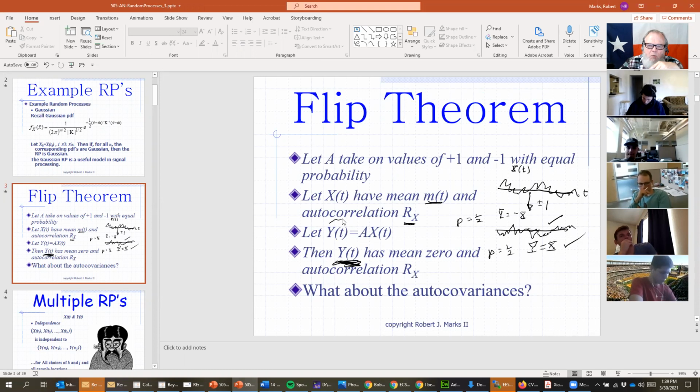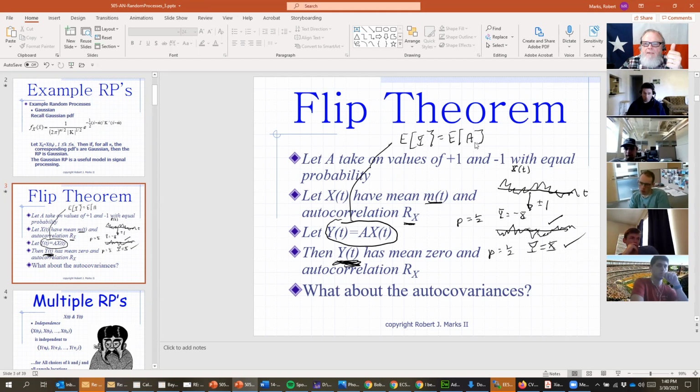Because if you look at this, y of t is equal to a times x of t. A is a random variable, correct? And a is the random variable that you get by flipping the coin. It's either a plus or a -1. And so the expected value of y is equal to the expected value of a times the expected value of x.